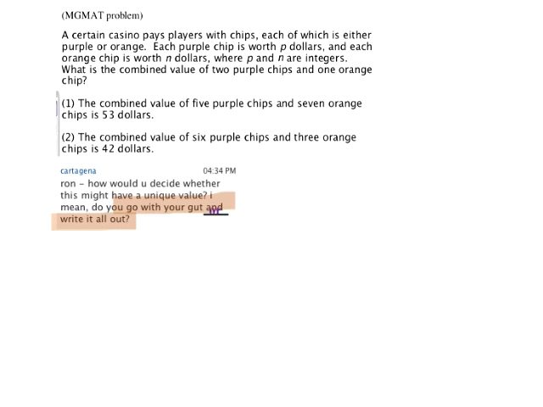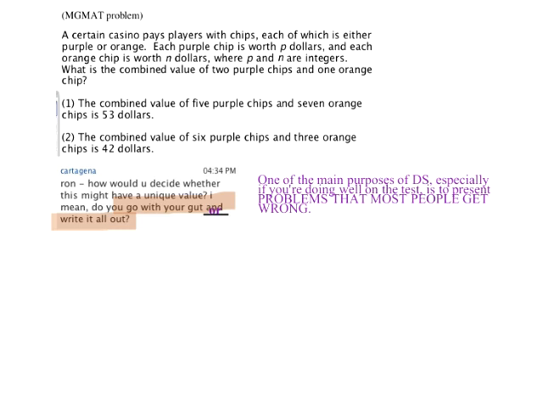Well, remember what the whole point of data sufficiency is, at least one of the major points. One of the main purposes of data sufficiency, especially if you are doing well on the test, is to present problems that most people get wrong.